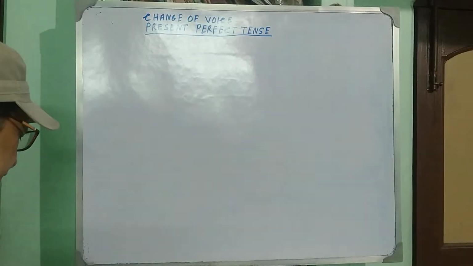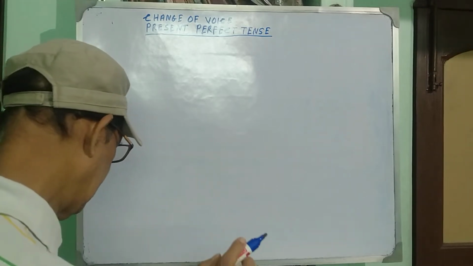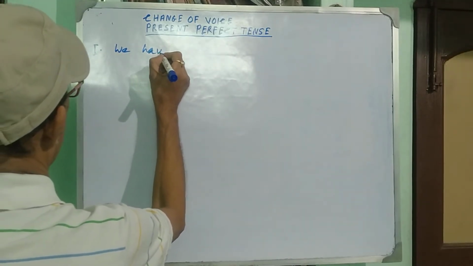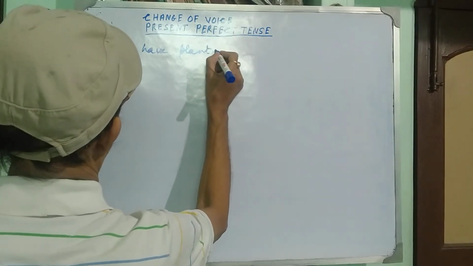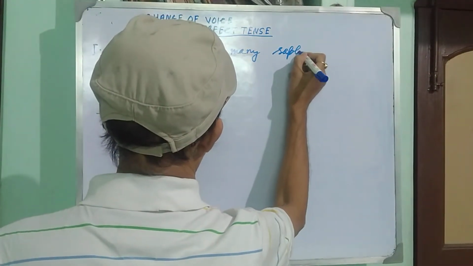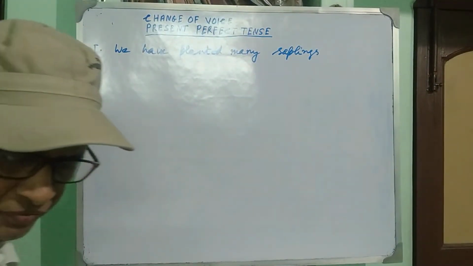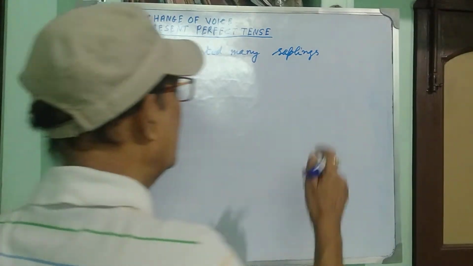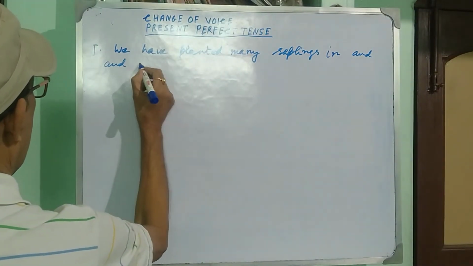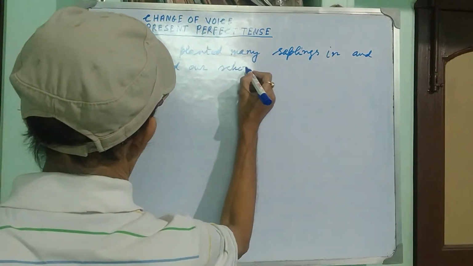For example, the first sentence, you see: we have planted many saplings in and around our school today.